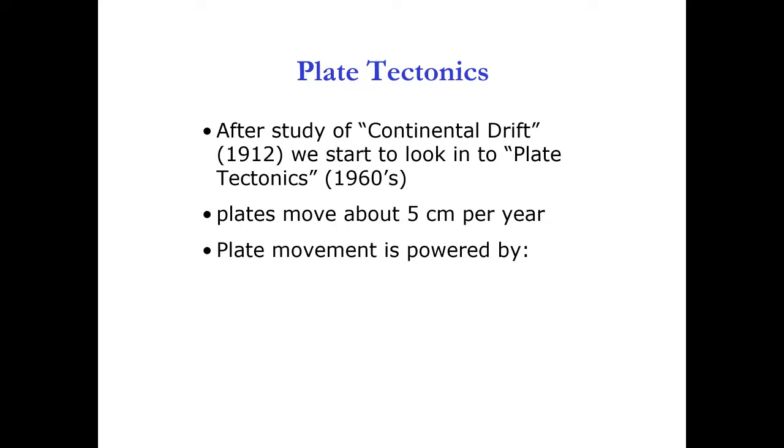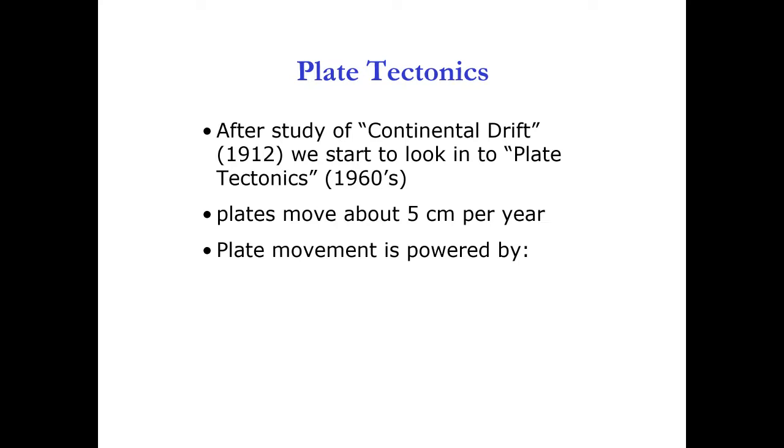So plate tectonics 50 years later was able to come in and now give the actual explanation behind why it looked like the continents were drifting. So continental drift is a visible description of what Wegener saw. Plate tectonics is scientific proof, the evidence behind why the continental drift was occurring.